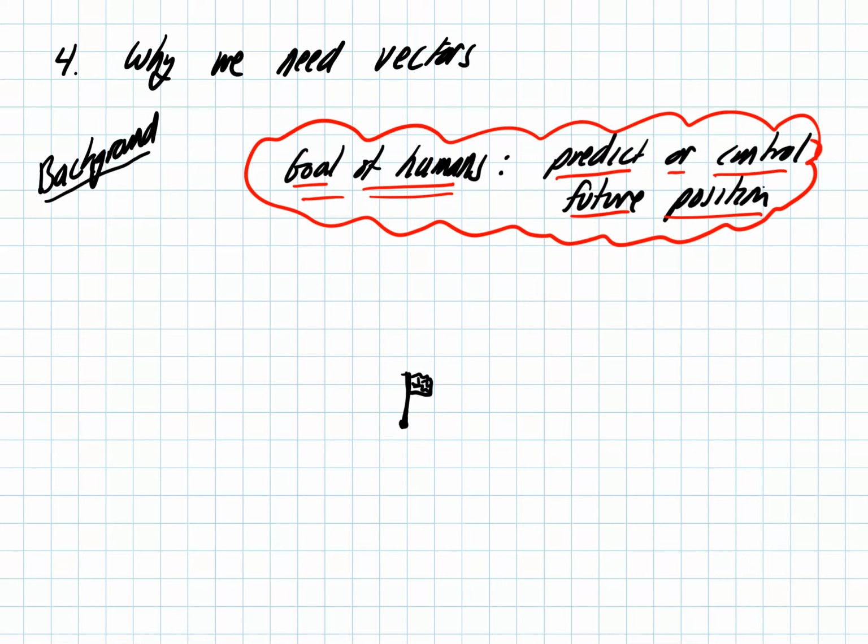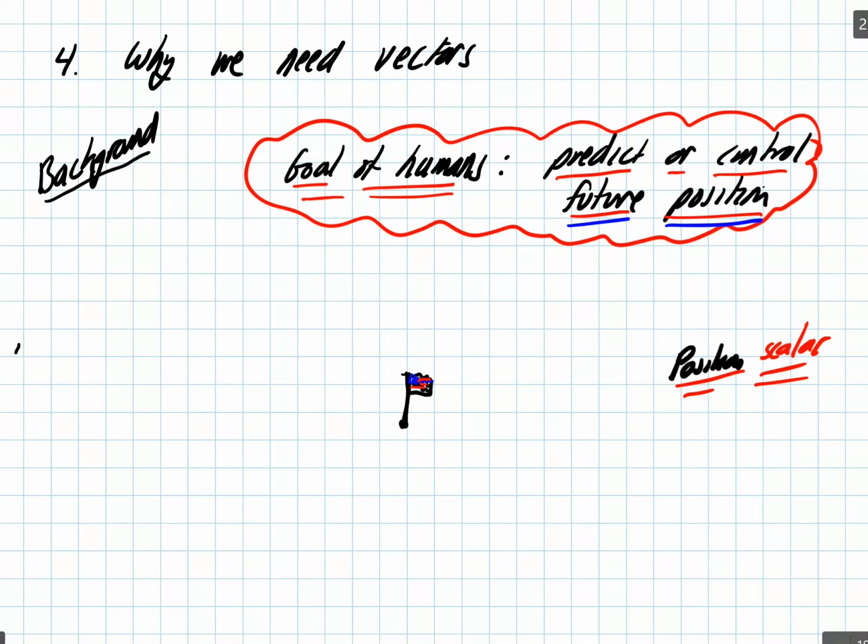All right, so we need to have the tools. If our goal is to make predictions about where things are going to be in the future, then we need to have the tools that will allow us to do that. So let's look at an example of the problem. If we were to say, I really want position to be a scalar, I don't want position to be a vector quantity, well, then here's what you're limited to.